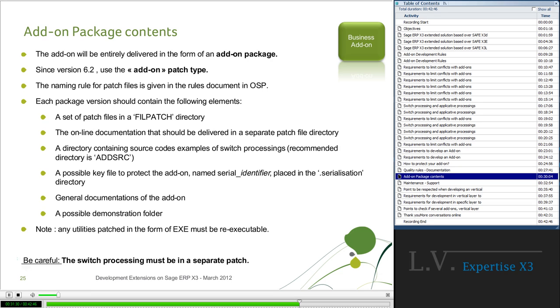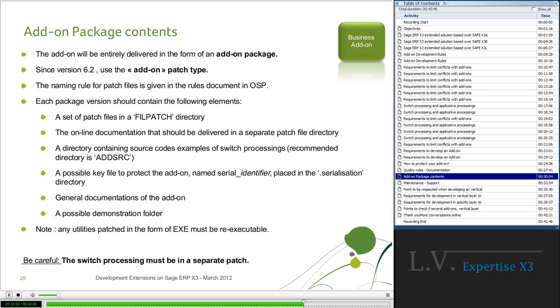If you decided to protect your add-on with a serial file, the key file should be named serial_identifier and placed in a directory called .serialization. Also, any general documentation of the add-on, which can be in PDF format, and a possible demonstration folder.